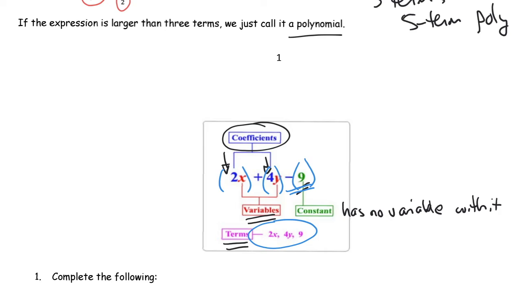Another way I could think about this is 2x plus 4y plus -9, in which case I might think of my terms as 2x, 4y, and -9. And frequently I find that it's useful to be able to think it through like that. Okay, anyway, let's take a look now at a couple of questions dealing with the stuff that we've just been looking at.